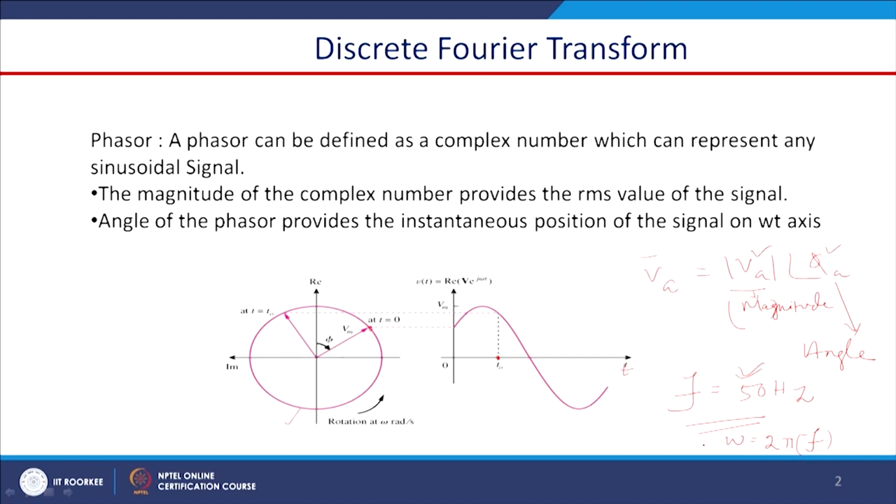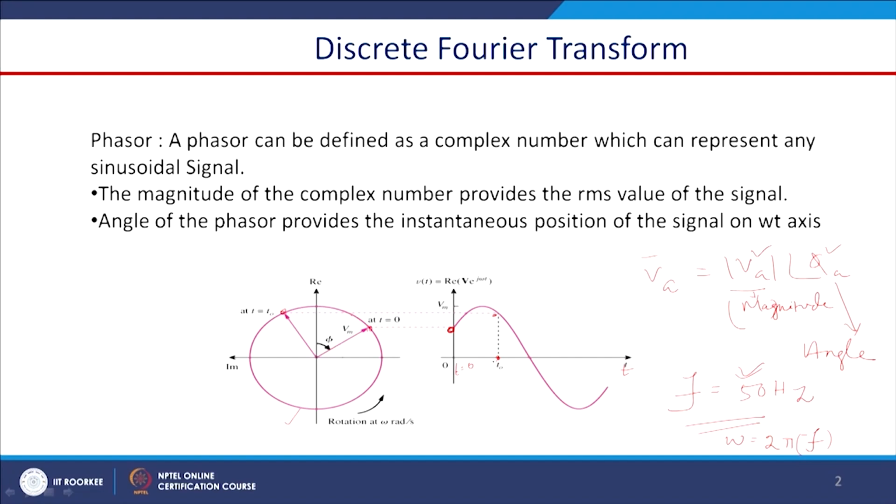This angular frequency is in radians per second, so the phasor rotates, starting from t equal to 0. This is the position of the phasor at t equal to 0, and when it rotates and reaches t equal to t0, the corresponding phasor position is here.